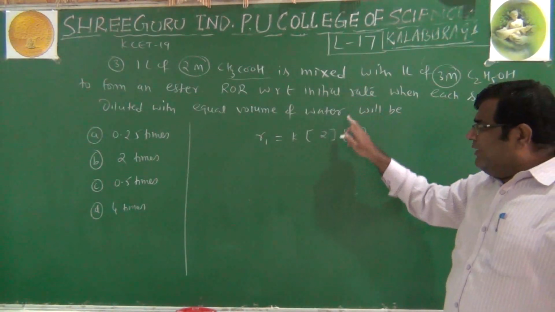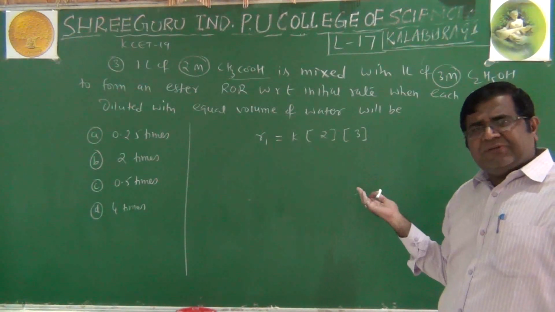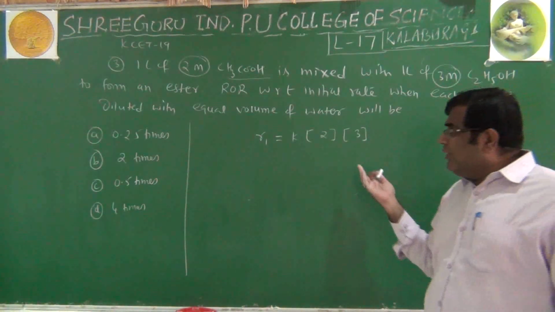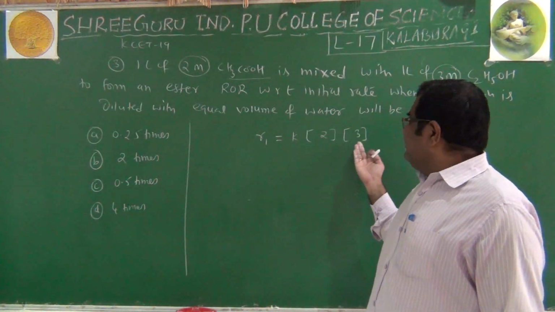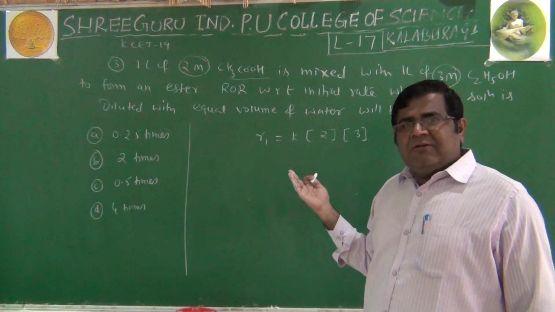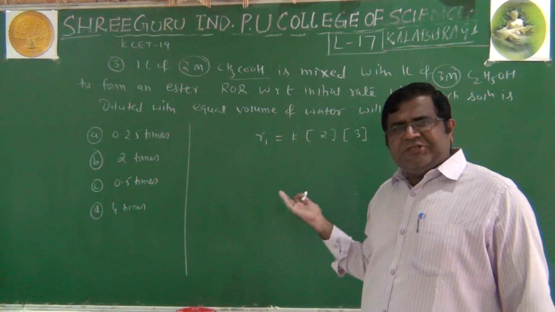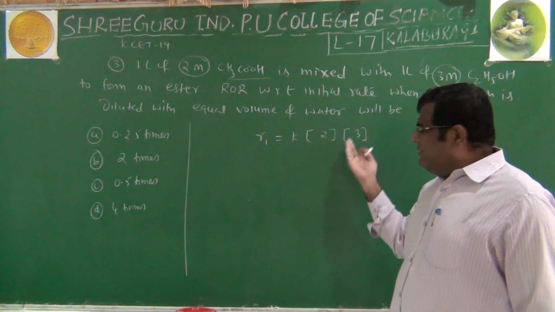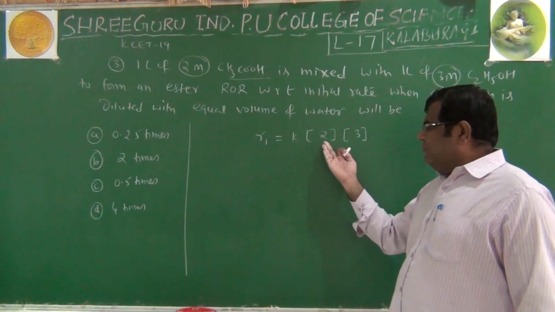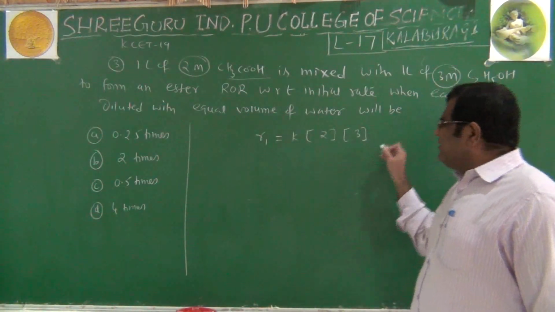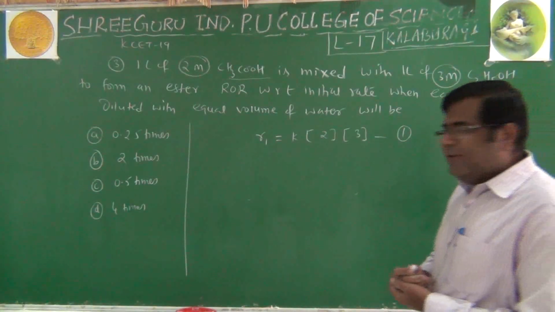If the order were different from 1, say 2 or 0, they would have mentioned it in the question. Remember that. We should not worry about the order of acetic acid and ethanol. If it is not given, then we treat it as R1 equals k [2][3]. We'll write this as equation number 1.